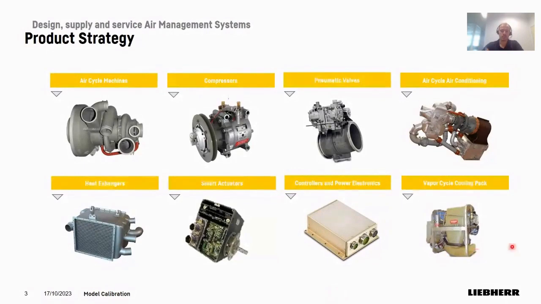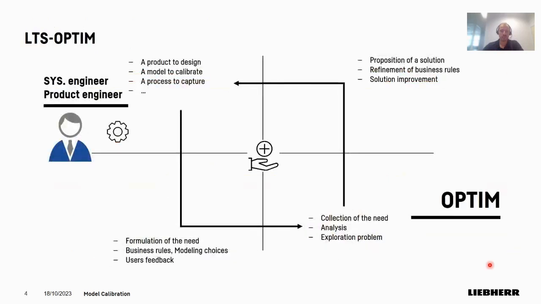All these products are designed inside separate teams, but what is important is that we have a single methods and tools team to address the needs of the different product teams. And more and more we use models and optimization to design and build more performant products. It is very common that we encounter the kind of sketch which we see here.